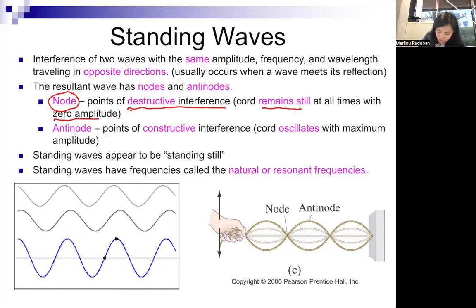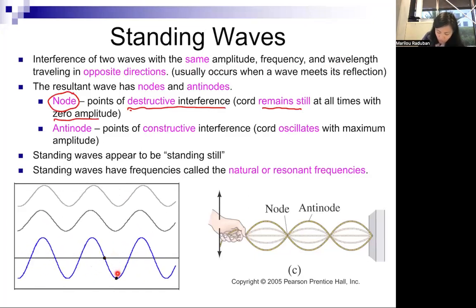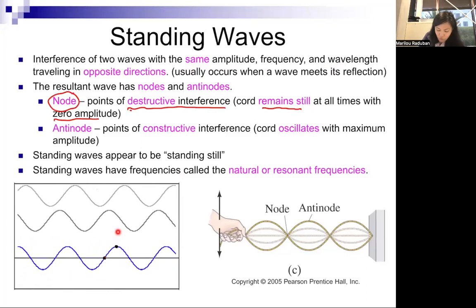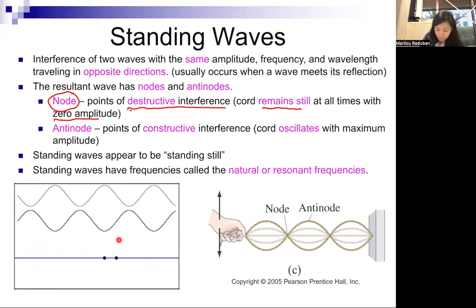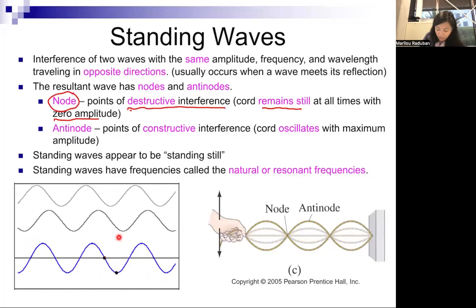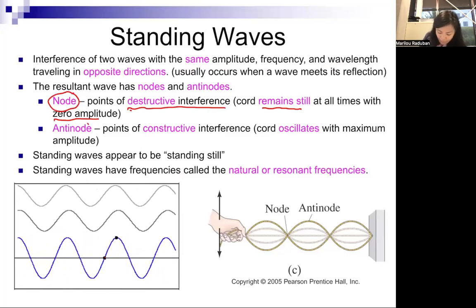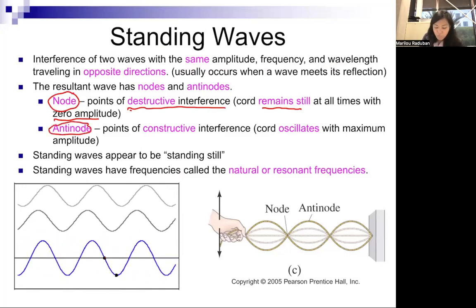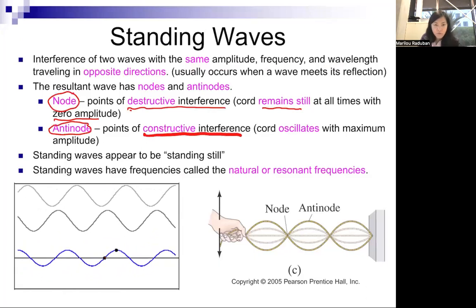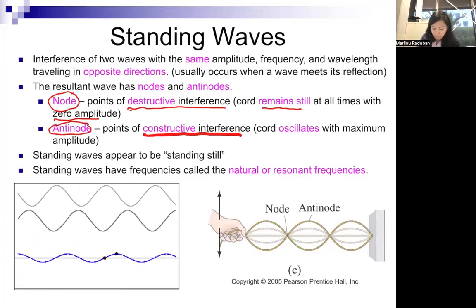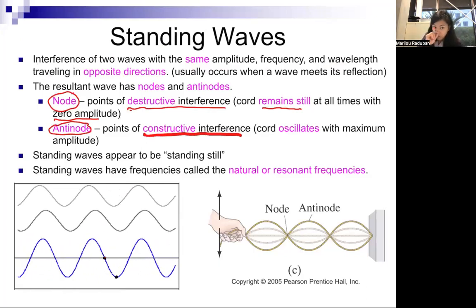You'll also notice a point in the standing wave where the amplitude is maximum. So you have there what we call an antinode. That's a point of constructive interference between the two waves.